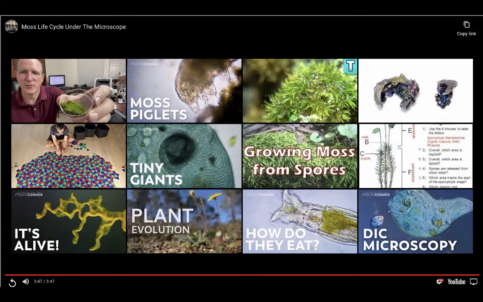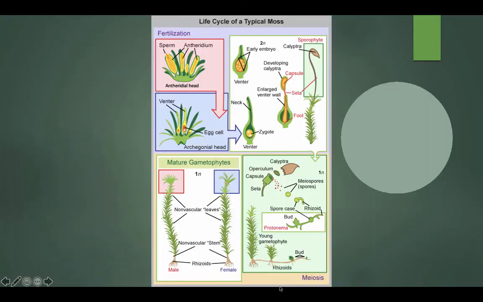So within these plants, every plant has a dominant stage. And for moss, these bryophytes, they are the only group of land plants that have a dominant gametophyte.